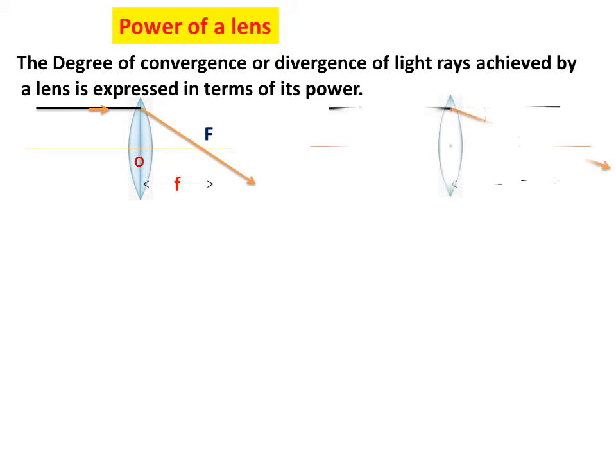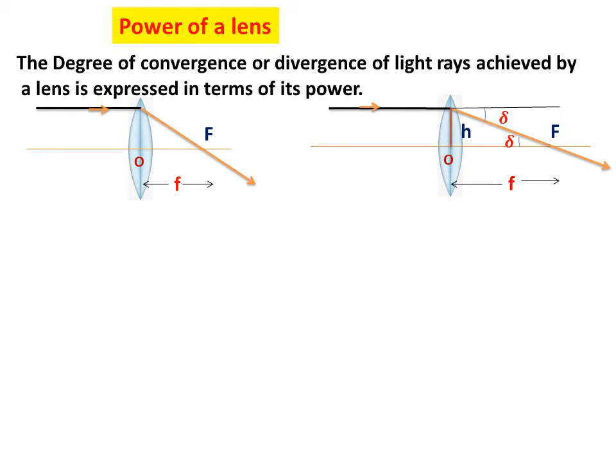Now, in another diagram, a beam of light is incident at a distance h from the optical center O of a convex lens of focal length f. It converges the beam by angle delta like this.